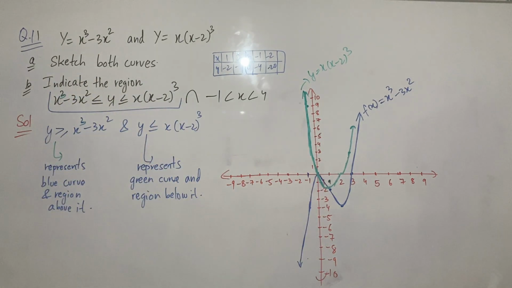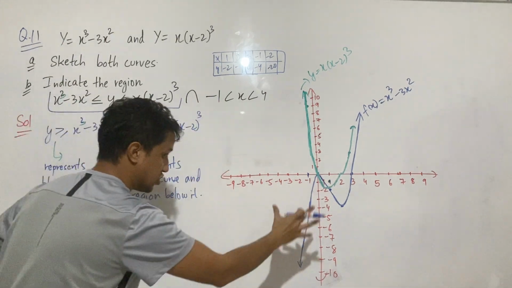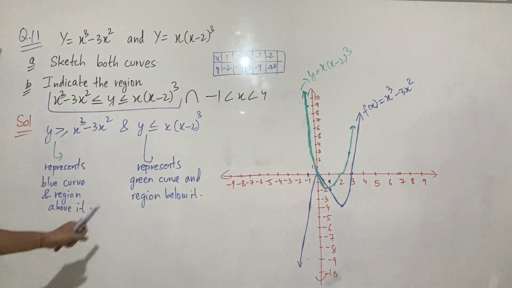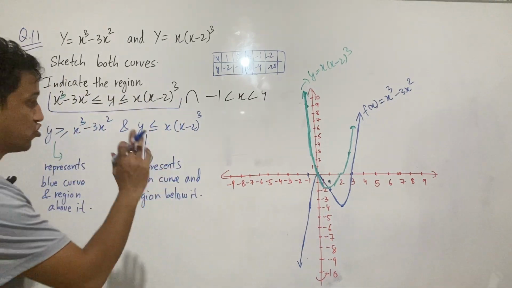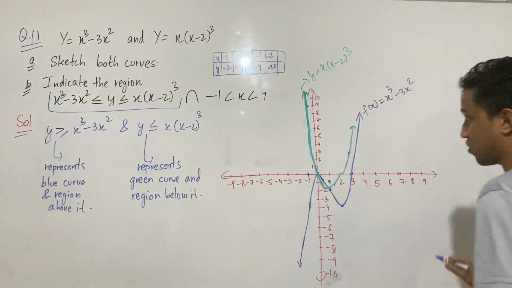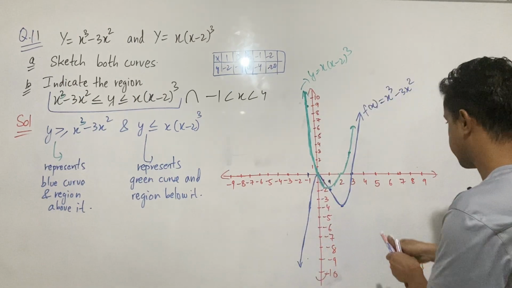All right, now here you have to sketch the region that includes both these curves and the intersection using the values of x between -1 and 4. What does it mean?